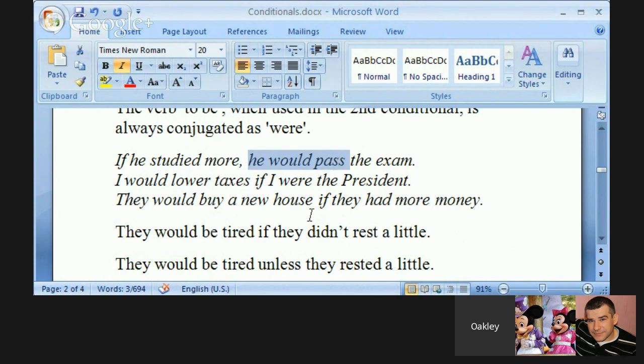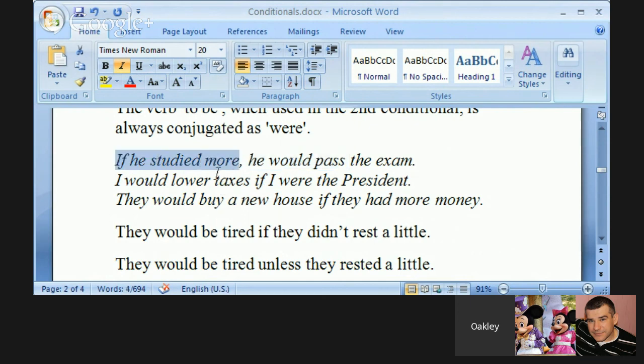Just a side note, another glitch, something that's important to know in English, which is related to conditionals, but it's also related to every other possible sentence you write in English. You cannot use a future tense in this if clause.